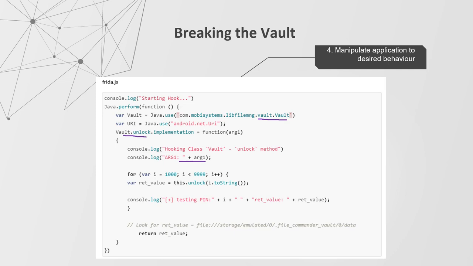This is just a sanity check. And then Frida will loop through all the values from 1000 to 9999 and then feed each value into the hook method. The return value of each iteration is then logged and displayed onto the screen. Hopefully this makes sense.